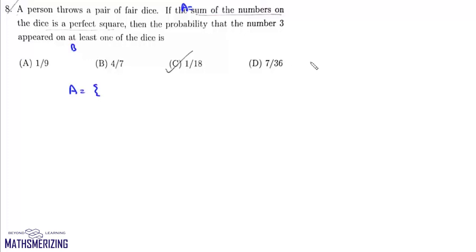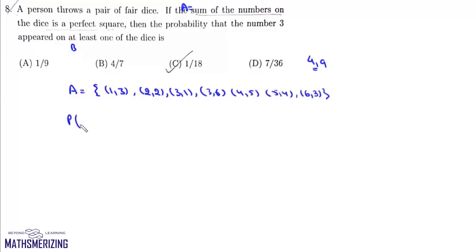Now it will be a perfect square if the sum is 4 or the sum is 9. Now it can be 4 if it is 1, 3, 2, 2 and 3, 1, and it will be 9 when we have 6, 3, 4, 5, 5, 4 and 3, 6.